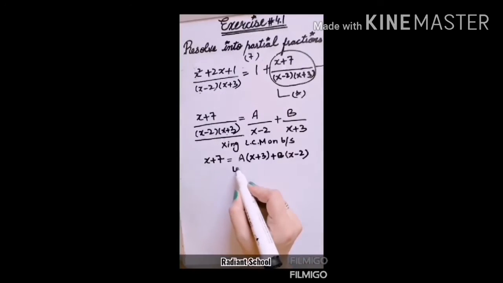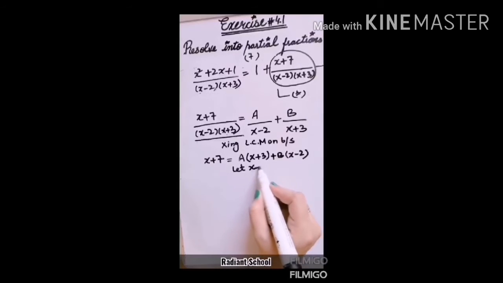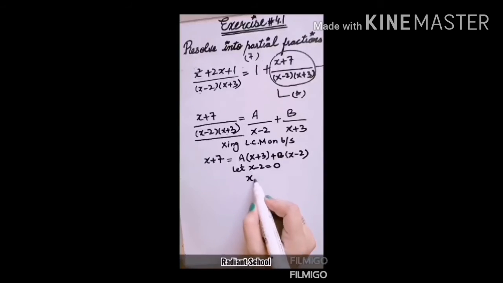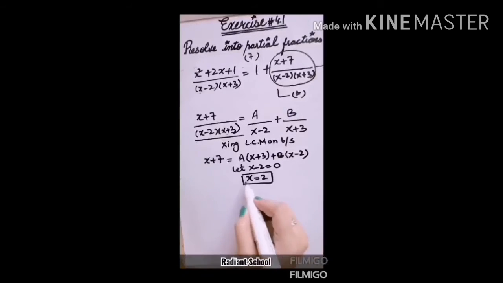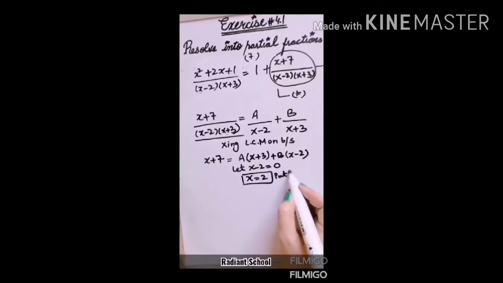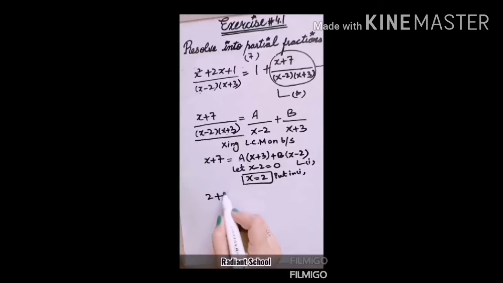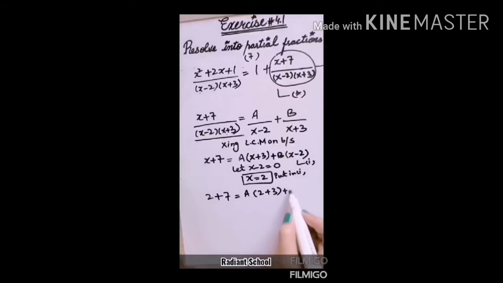Now the next steps are again the same. Put the first linear factor equal to 0 and put this in equation number 1. What was equation number 1? This was equation number 1. 2 plus 7 is equal to A into 2 plus 3 plus B into 2 minus 2.